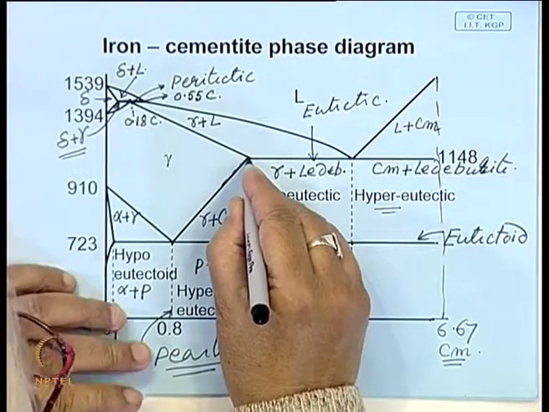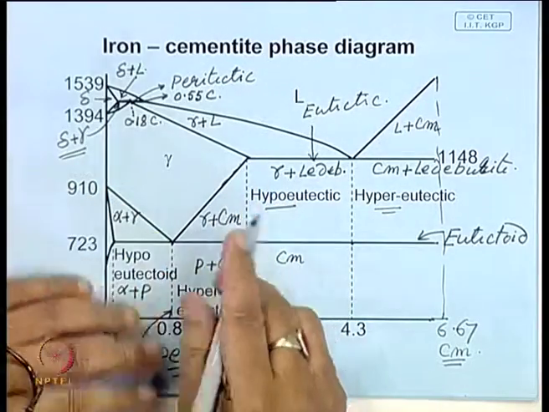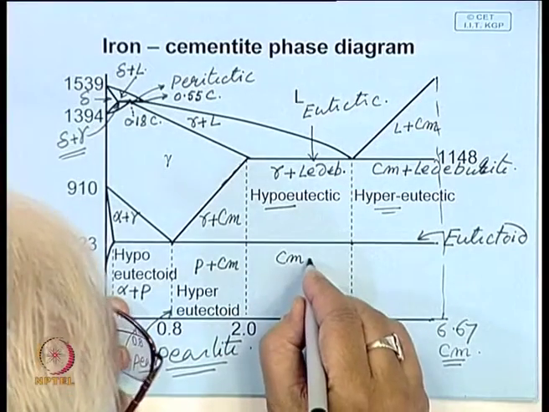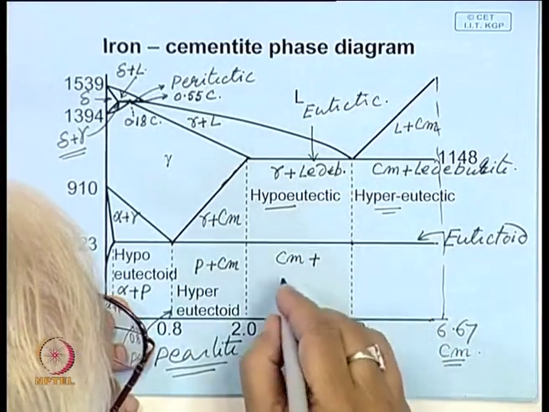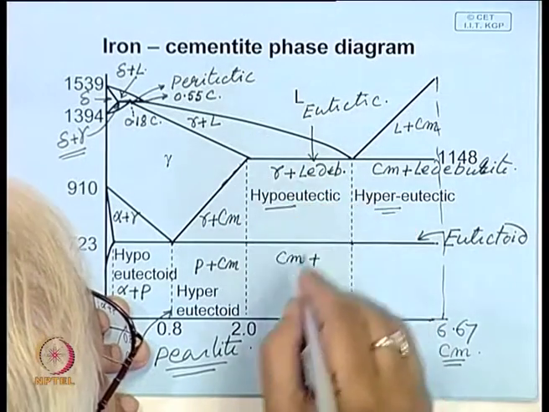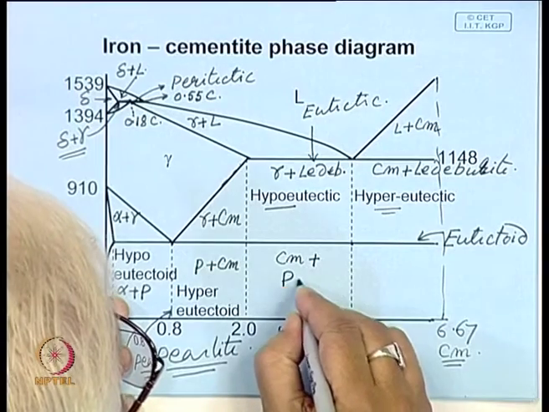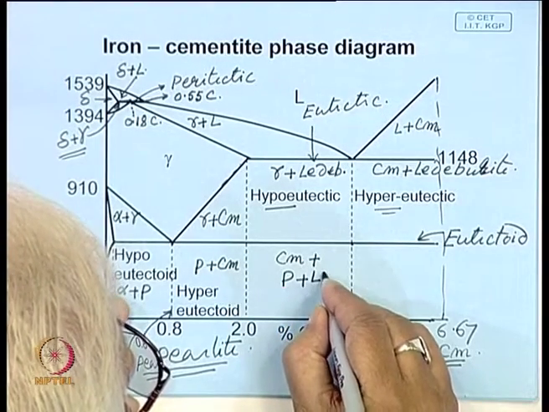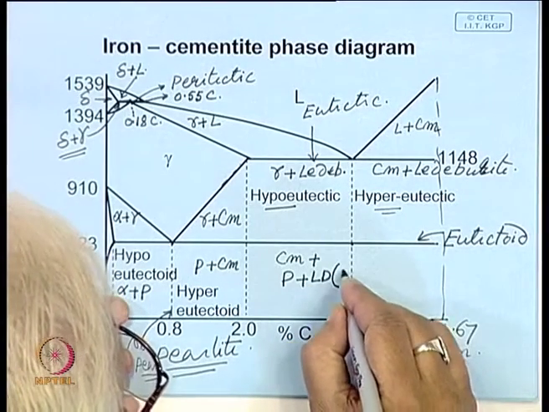Because the solubility of carbon decreases, some amount of cementite will precipitate out from austenite. Then whatever remaining austenite will convert into pearlite, and then you have ledeburite structure. I will represent ledeburite as LD.